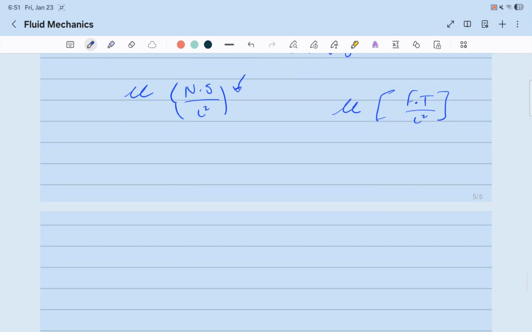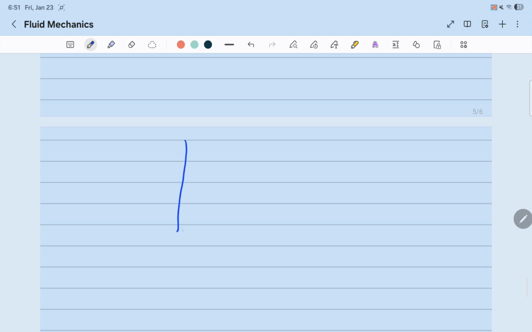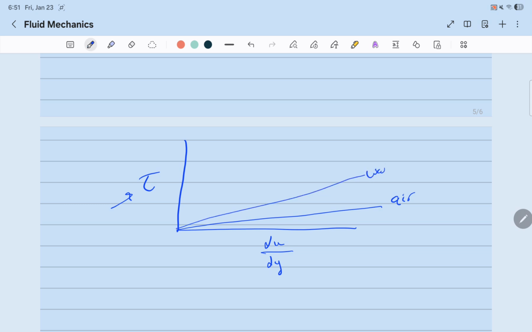So you don't have to memorize the units, you can derive your way to find it. Okay, now if we plot a graph comparing the shear stress with a given velocity gradient du dy, we'll notice that air has a lower relationship, meaning that you'll need less shear stress to obtain this velocity gradient, whereas water has a slightly higher relationship and oil has the highest.